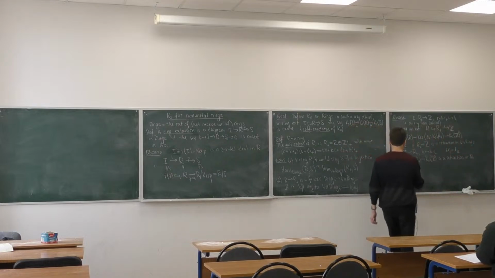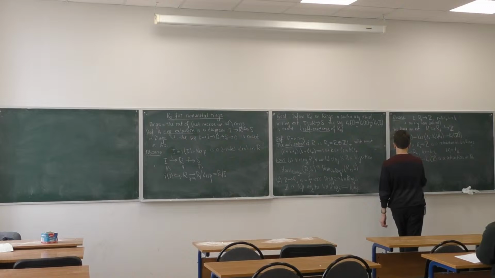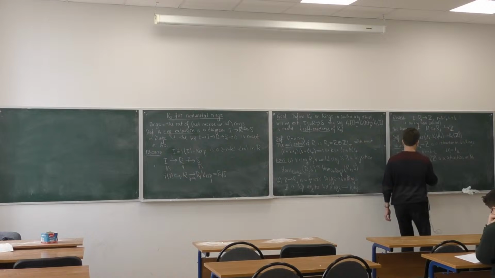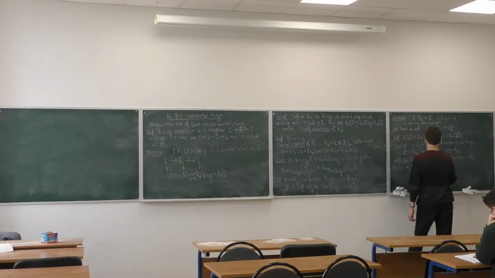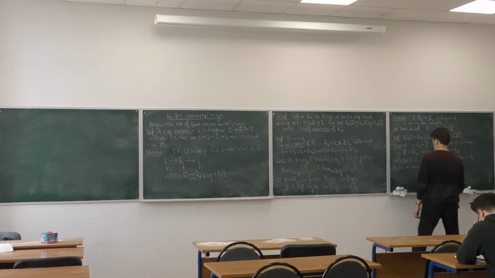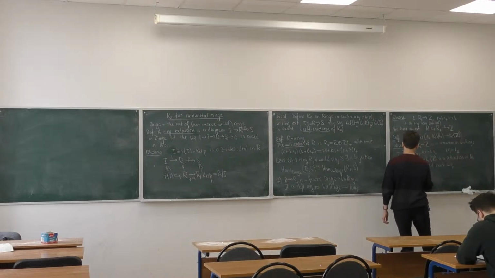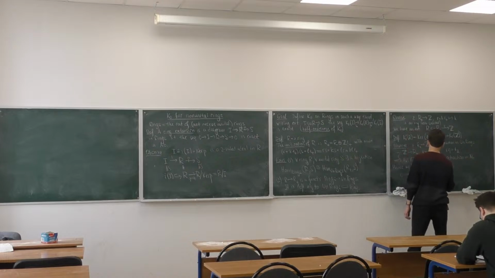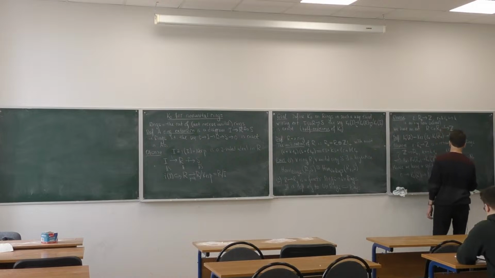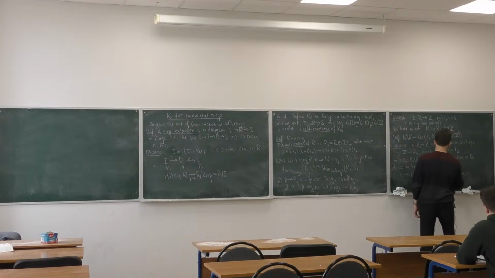And as a result, we see that we have the following split exact sequence of K0 groups: K0 prime of R, K0 of R plus, and K0 of Z. And this is epsilon star.